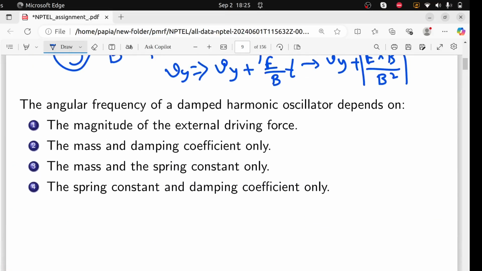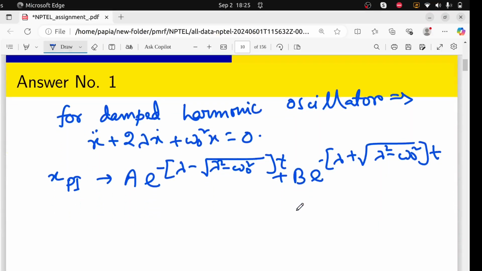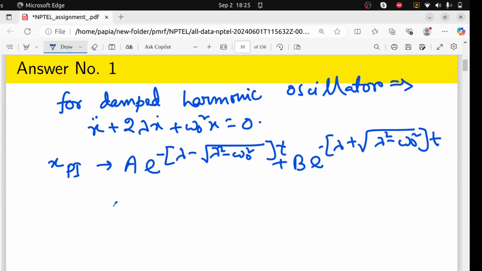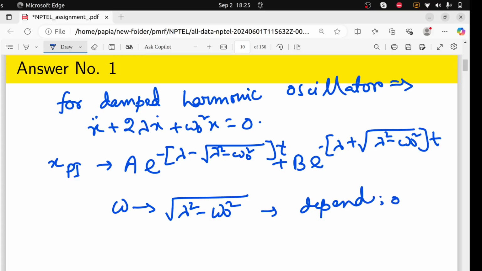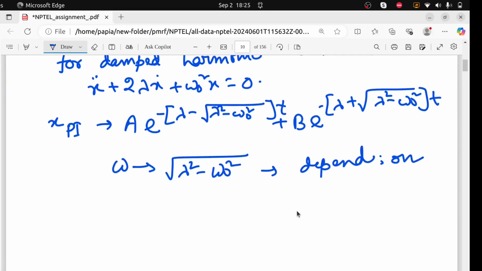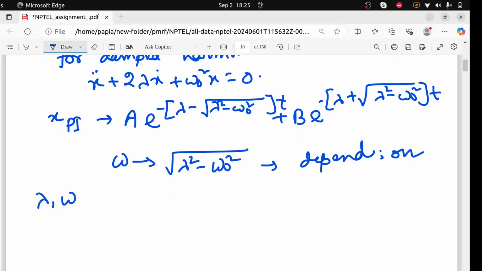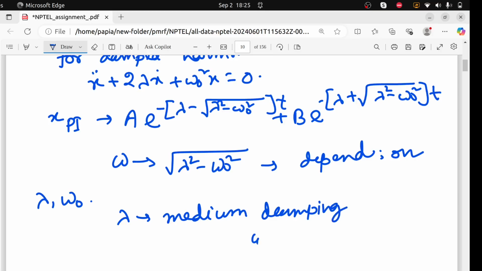So angular frequency of the damped harmonic oscillator can be written as this one. So it will depend on what? It will depend on lambda and omega 0. Now lambda is the medium damping coefficient.